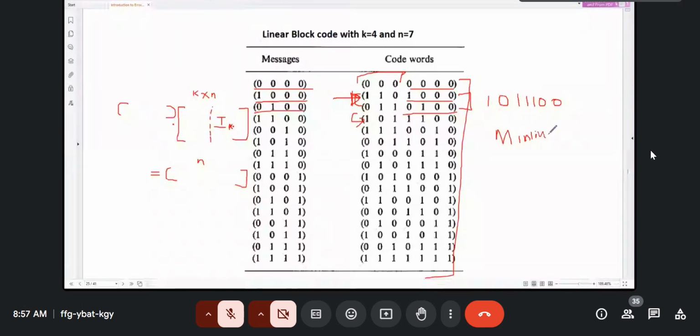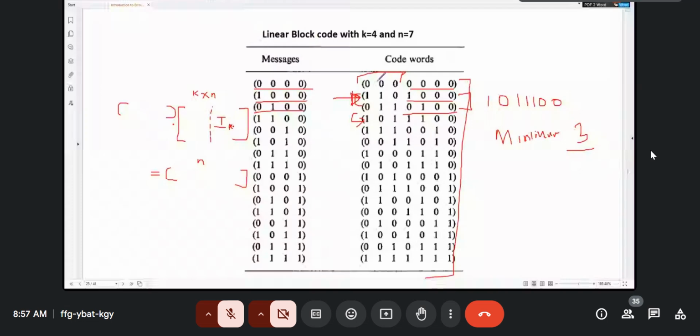For this one, the minimum distance required is 3. It means the distance between any of these codes, excluding the zero code word, because the zero code word, no, you're not even excluding, because we are talking about the minimum distance. I'll tell you when we exclude that. So the minimum distance of this is 3.